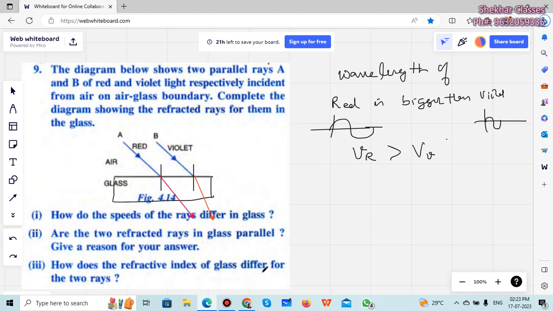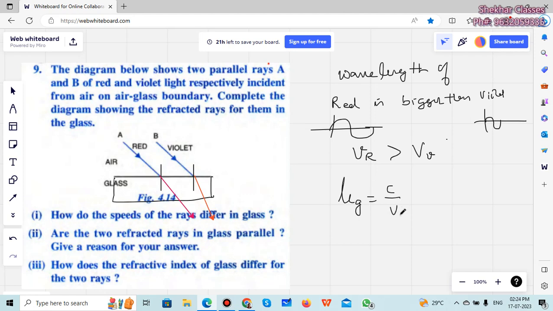How does the refractive index of glass differ for the two rays? See, the refractive index for red will be less and the refractive index for violet will be more. Refractive index depends upon the velocity of light in space or vacuum and the velocity of light in that medium, right?